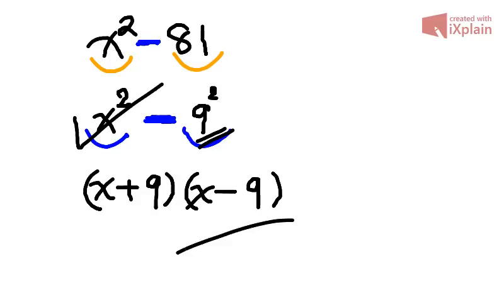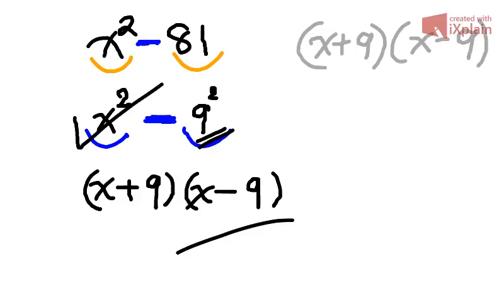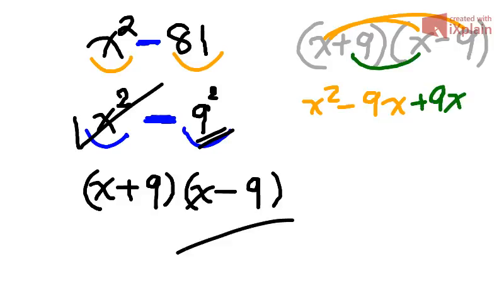You can always multiply back and check if you are correct. So x plus 9, x minus 9, if you expand the whole lot, x times x, x squared, x times -9, -9x, then 9 times x, 9x, and 9 times -9, -81.